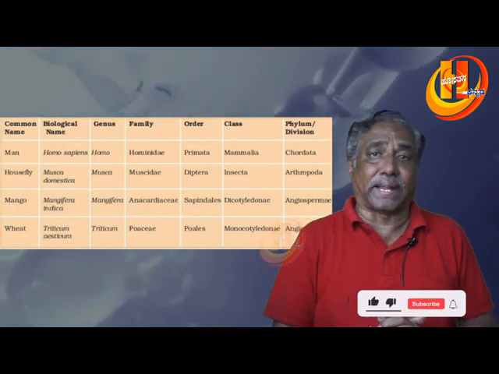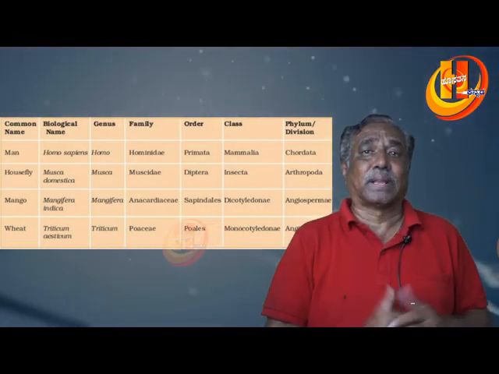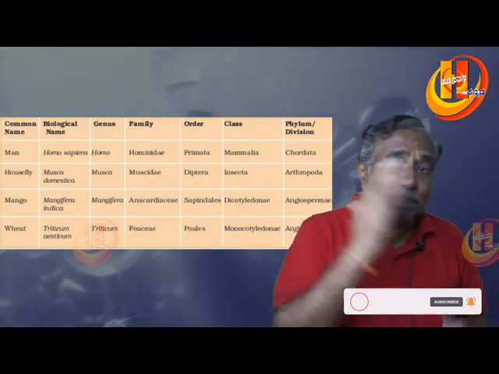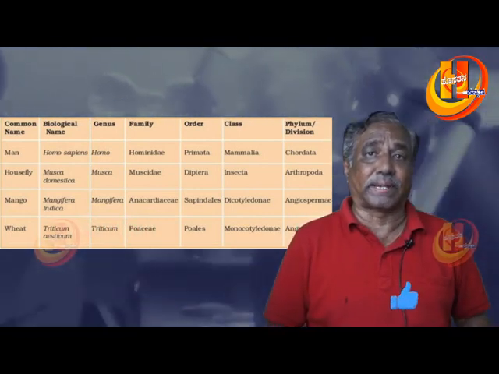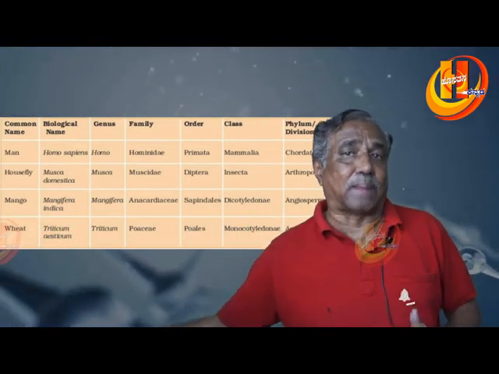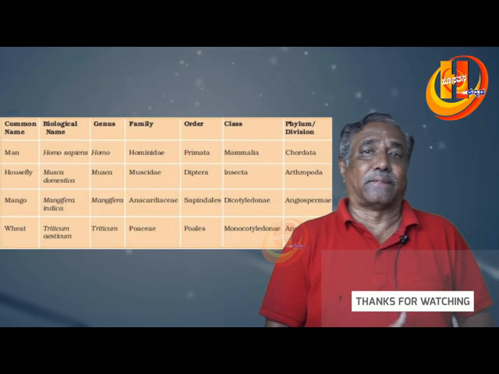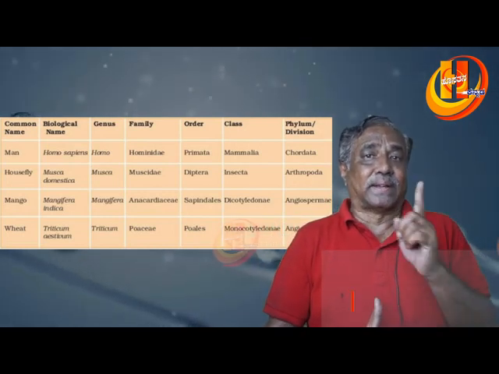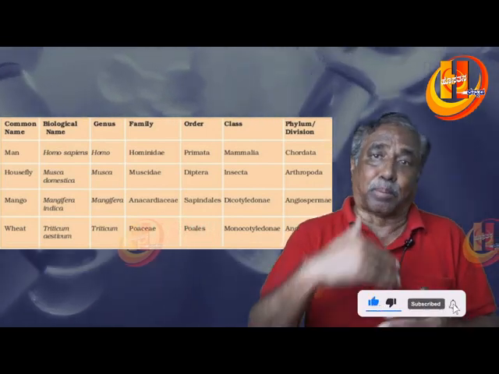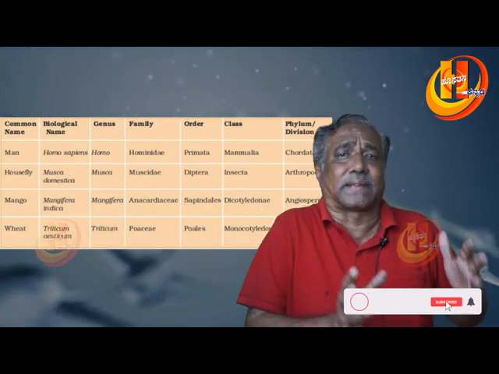And for Mangifera indica: kingdom Plantae, division Angiospermae, class Dicotyledonae, order Sapindales, very important, often you will forget, family Anacardiaceae, genus Mangifera, species indica. And Triticum aestivum, wheat: kingdom Plantae, division Angiospermae, class Monocotyledonae, order Poales, family Poaceae, genus Triticum, species aestivum. These are all the examples given.